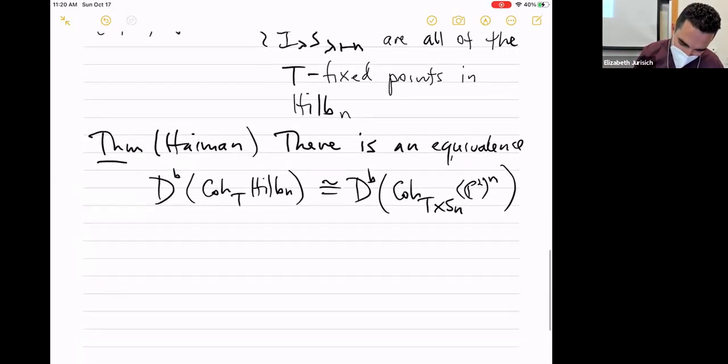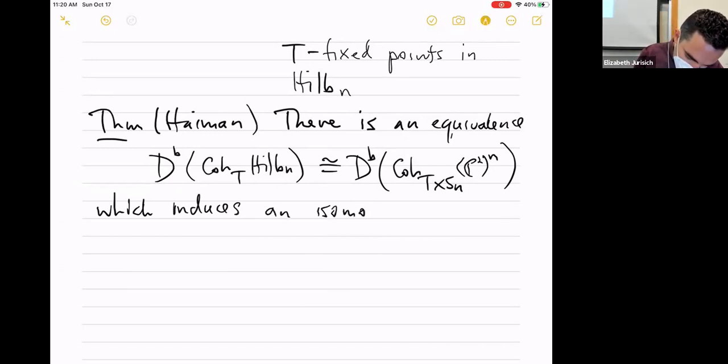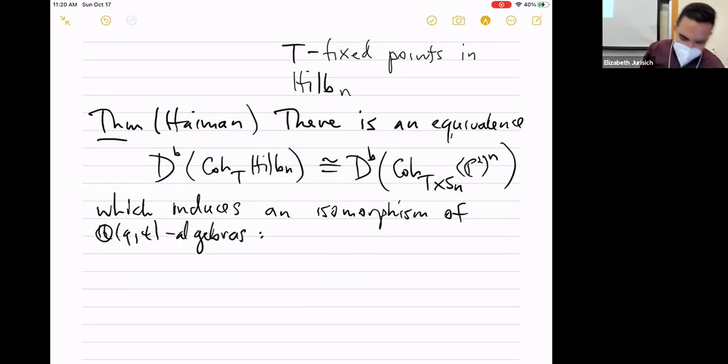Okay. So this was a major result that totally revolutionized Macdonald theory, because what happens is you get the following. This induces an isomorphism of Q(q,t)-algebras. So this field Q(q,t) you could think of as the field of fractions of the representation ring of T. So T is a two-dimensional torus, and so that's what this is.